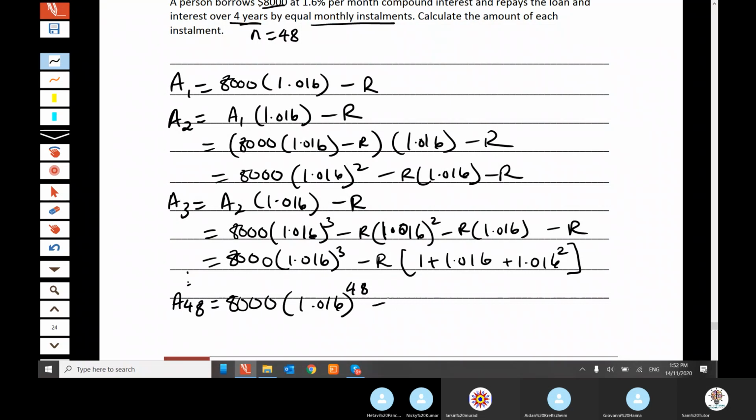Minus R times 1 plus, what's my last term going to be? Power of what? Yeah, think of it like threes. In A3, your last term was power 2. So if it's 48, it's going to end at 47.